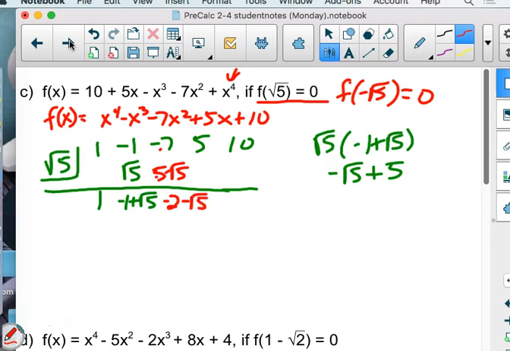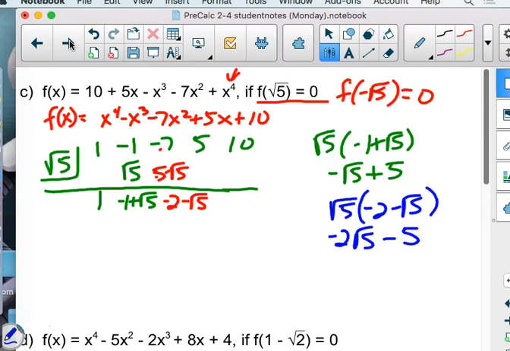And now we're back to needing that little piece of scratch paper off to the side here to multiply that by the square root of 5. And that will give us -2 square roots of 5 minus the square root of 25, which is 5, which would be -5 minus 2 square roots of 5.